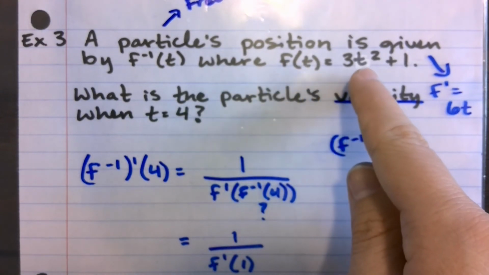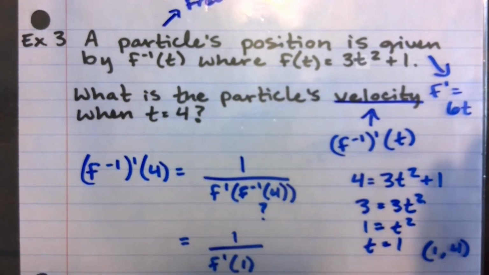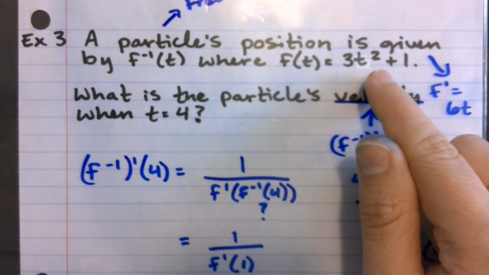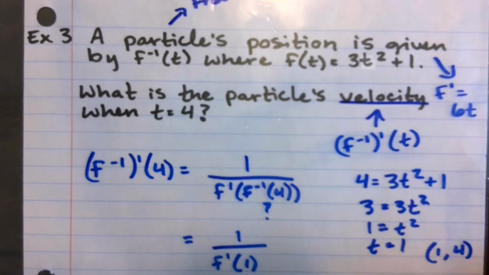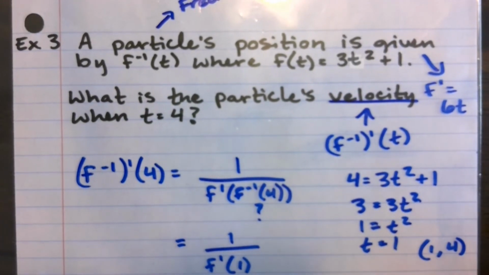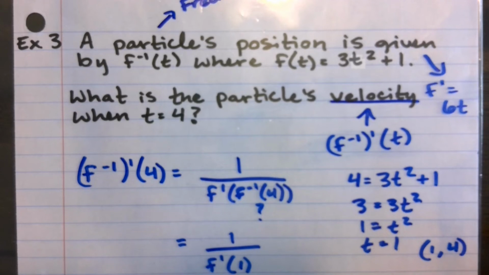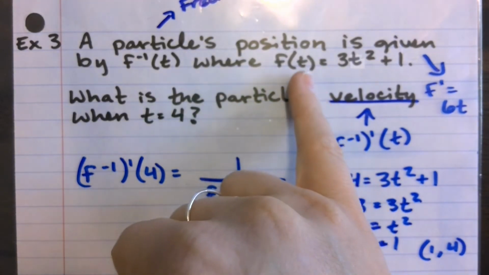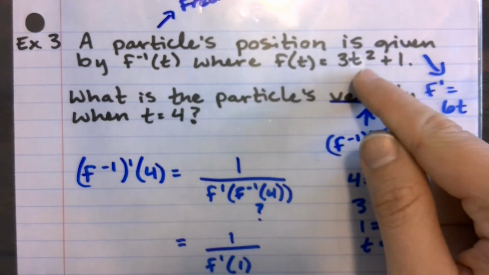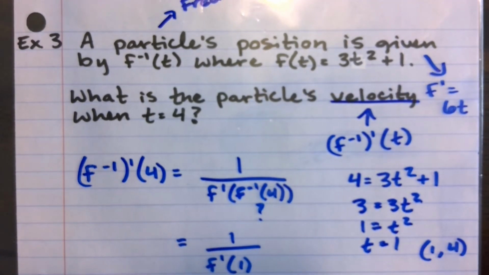It's not strictly monotonic for all values, but it is strictly increasing. If we think about what 3t squared plus 1 looks like, it is strictly increasing when values are greater than 0. And since we're talking about time, that's really all we're worried about. So definitely going to have an inverse for our values of t for time being greater than 0, because this was increasing when t was greater than 0.